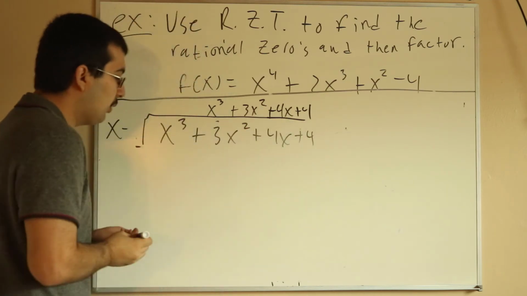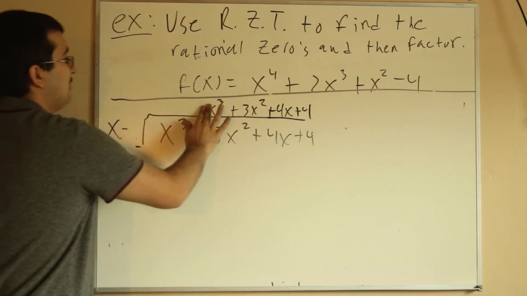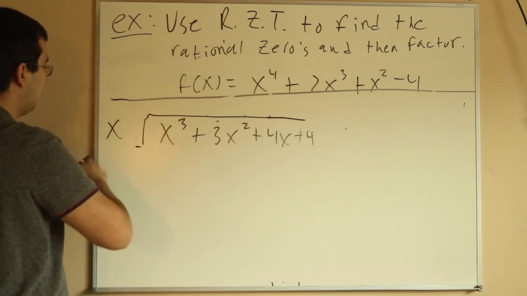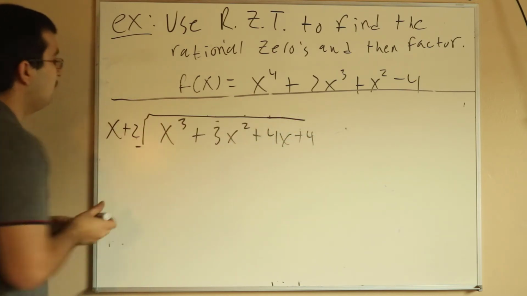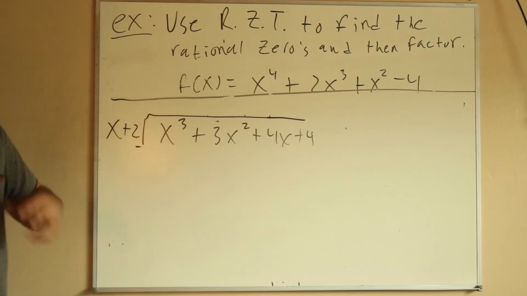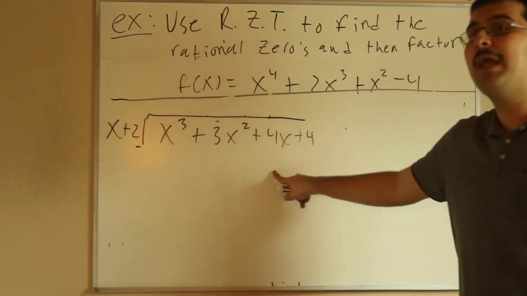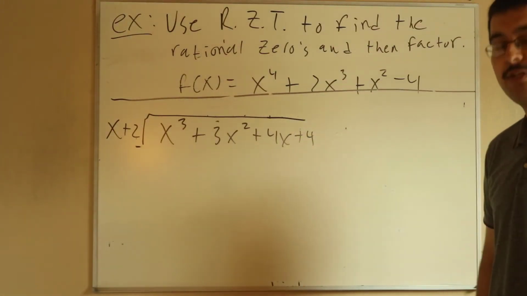Now we're going to use our second factor, x plus 2, to further simplify it. So we just want to do our long division again. And since this is a factor, we expect to have a remainder of 0.